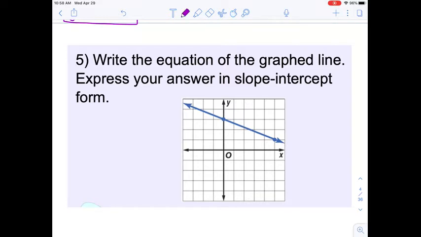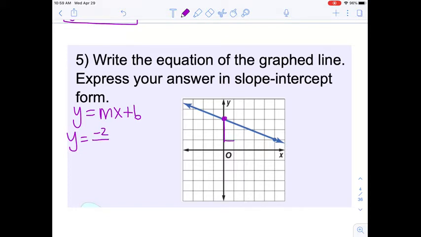The next one, we are given a line and we have to write an equation for it. So we're going to write this equation in slope-intercept form, y equals mx plus b. So we have y equals, well, our slope is our rise over run. I'm going to just start at this point.